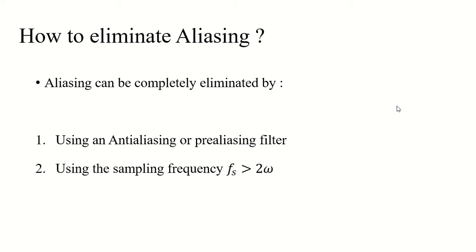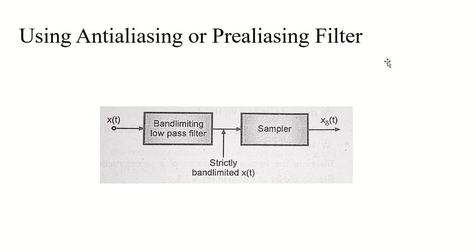The first one is with the use of anti-aliasing or pre-aliasing filters. The simple thing you have to do if you want to avoid aliasing is use a band limited low pass filter and pass your original signal through it, before doing the sampling. You will get rid of aliasing.